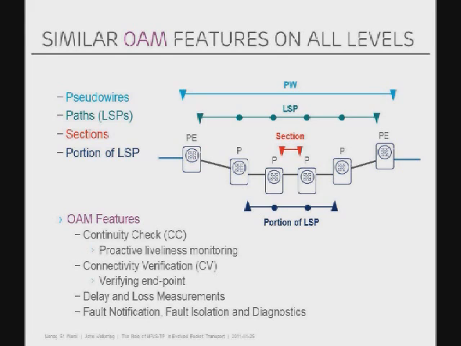This is quite similar to what we know from traceroute, for example. And then furthermore, there are capabilities introduced to get delay and loss measurements, as well as failure notification capabilities. And this is all being carried over the associated channel, so in-band together with the user data.